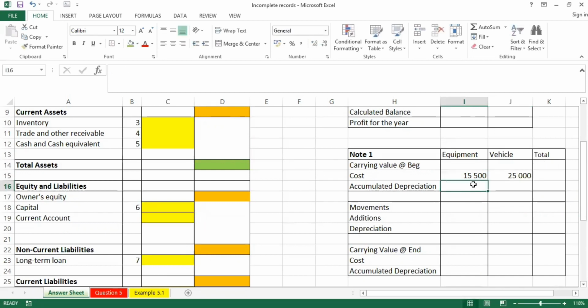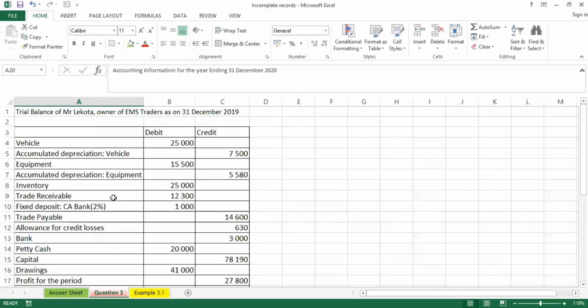And then our accumulated depreciation. We know that our accumulated depreciation is supposed to be in brackets. So we open bracket, and then we check our accumulated depreciation for equipment. They're telling us it is 5,580.